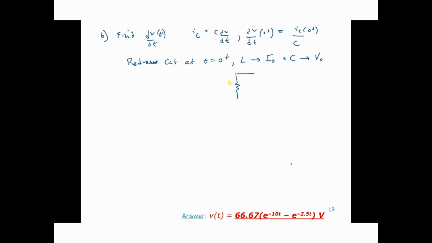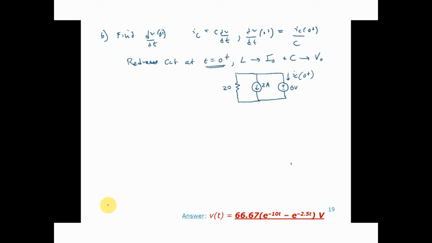So the source is gone because the switch has removed it, but now that inductor is going to be replaced by a 2 amp source. And the capacitor is going to be replaced by a 0 volt source. And what we have to find for the slope on the voltage is IC of 0 plus. This is t equals 0 plus.